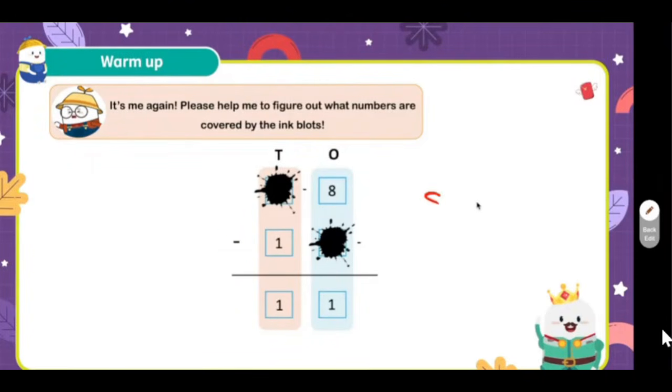So you can see 8 minus something equals 1. Then what is the missing number here? That will be 7, right? And then let's move on to the tens place. Some number minus 1 equals 1. Then what is the missing number? That will be 2. Okay, so this is how we solve the problem. Still the same. Start from the right side to the tens place or the hundreds place, okay?